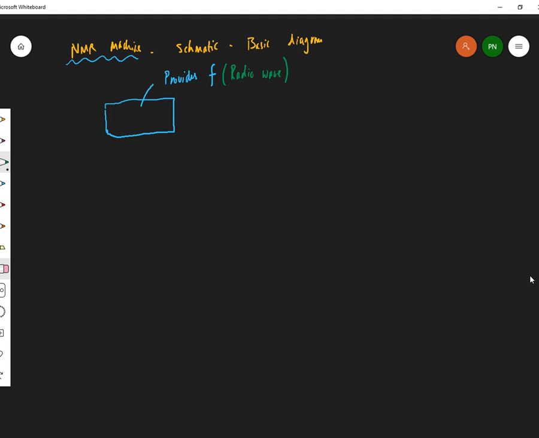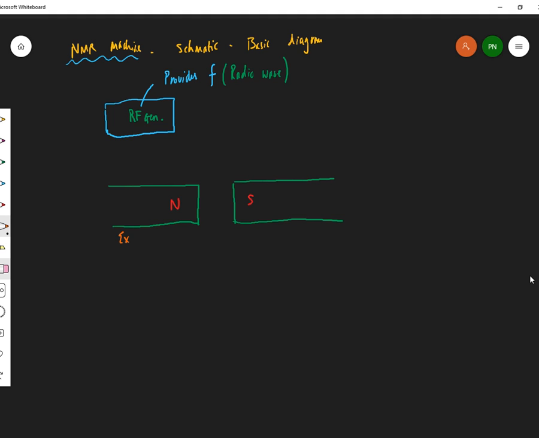So this box is going to be our radio frequency generator. And now this is our external magnetic field. Don't forget, it's a schematic, so it's very basic. And this is going to be a north, and this is going to be a south. So this is going to provide our external magnetic field.